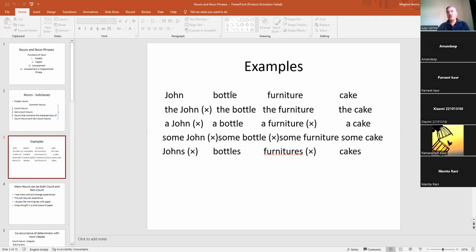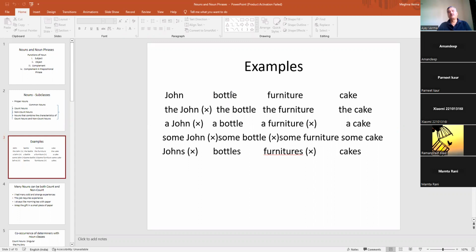The noun also occurs in singular and plural forms, bottle and bottles. But when it occurs in the singular, there are some restrictions related to the use of determiners. For instance, we obviously cannot say some bottle, but we can say some bottles. Otherwise, for different uses at different places, for different reasons, we can use such nouns with a, with the, and with some also.